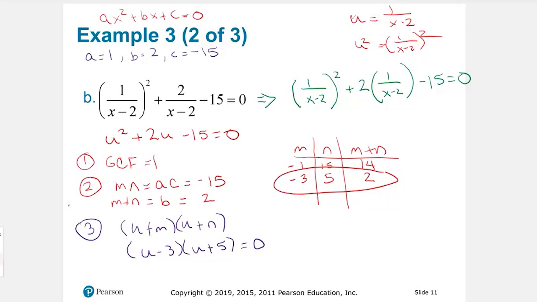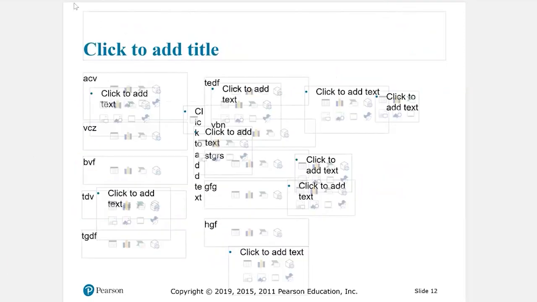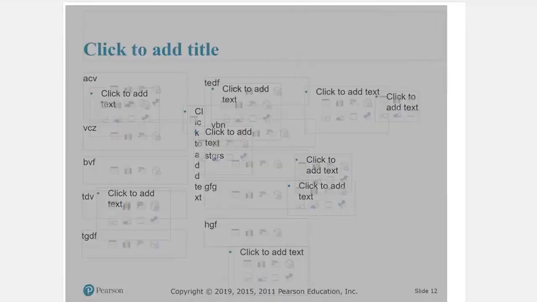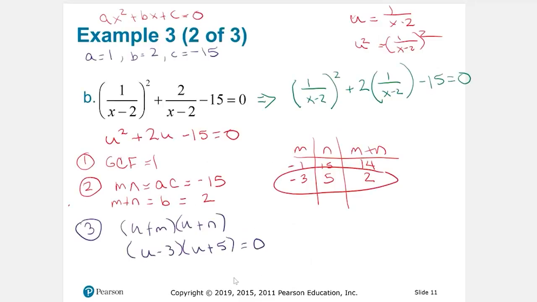So we're not done yet because we have now solved for u, but what I really want to do is solve for x. So we have u minus 3 times u plus 5.